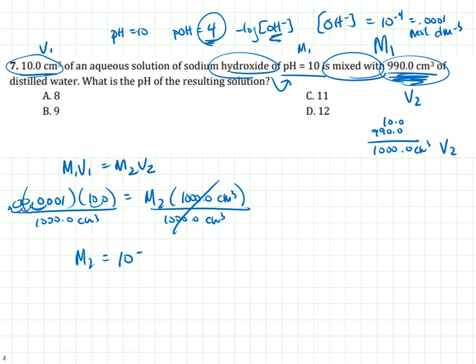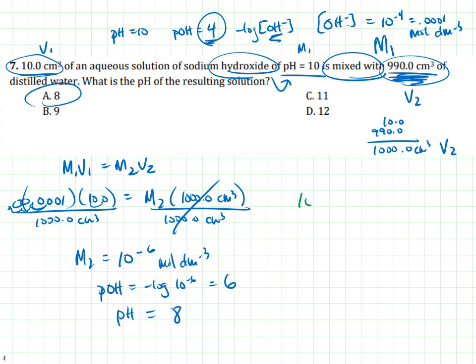I've got 1, 2, 3, 4, 5, 6 zeros, 10 to the minus 6 moles per cubic decimeter is going to be my new concentration. So the pOH is going to be the negative log of 10 to the minus 6, which is going to be that 6, which means that the pH, my friends, is equal to 8. Answer is 8. Good. So here is the faster, more conceptual option for solving this problem.